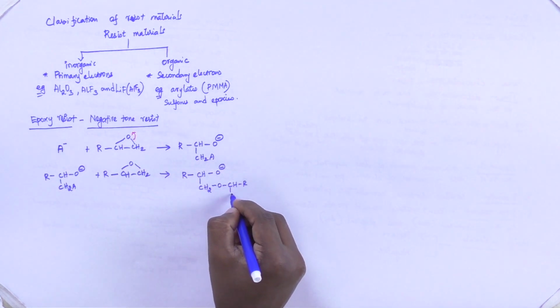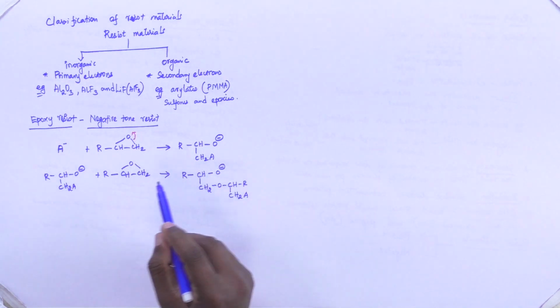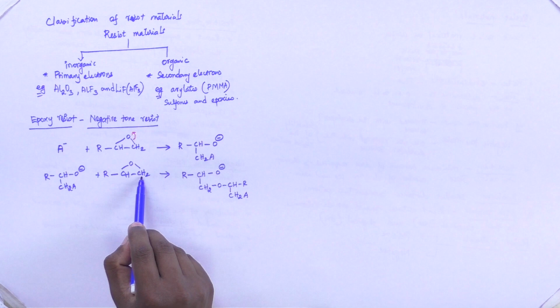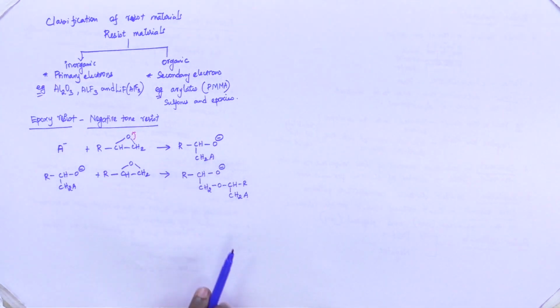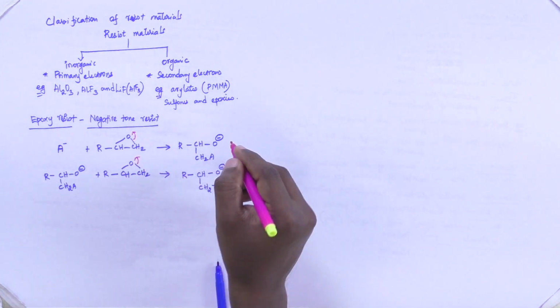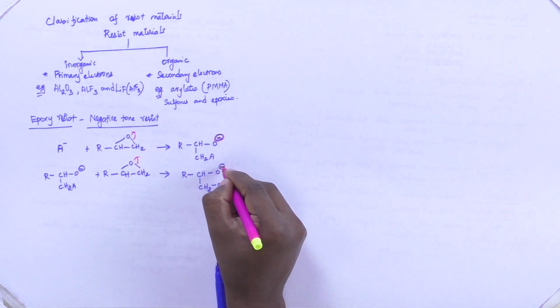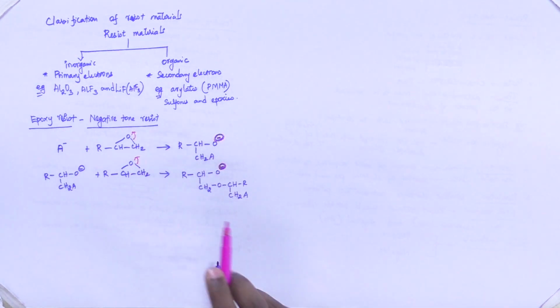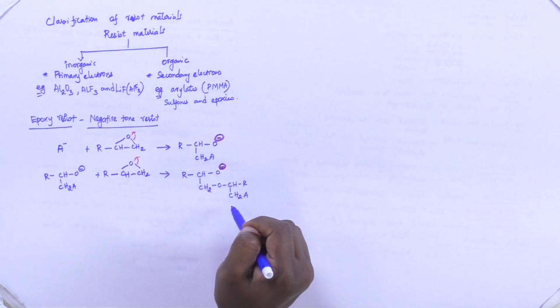So the same thing happened here. You have this negative attached to the CH2 positive, and then this bond is broken as a negative ion. This negative ion comes from the bond. So now new bonds are formed.